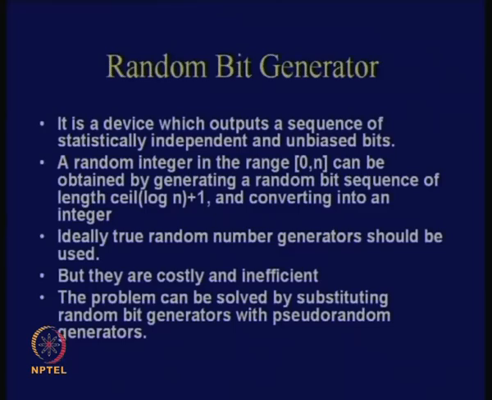Ideally a true random number generator should be used, but the problem is that they are quite costly and also inefficient. So how we alleviate this problem is, instead of having something which is truly random, we substitute it with generators which are called pseudorandom generators. The idea is that the output of the random generator and the output of the pseudorandom generator should not be distinguishable by an efficient algorithm.